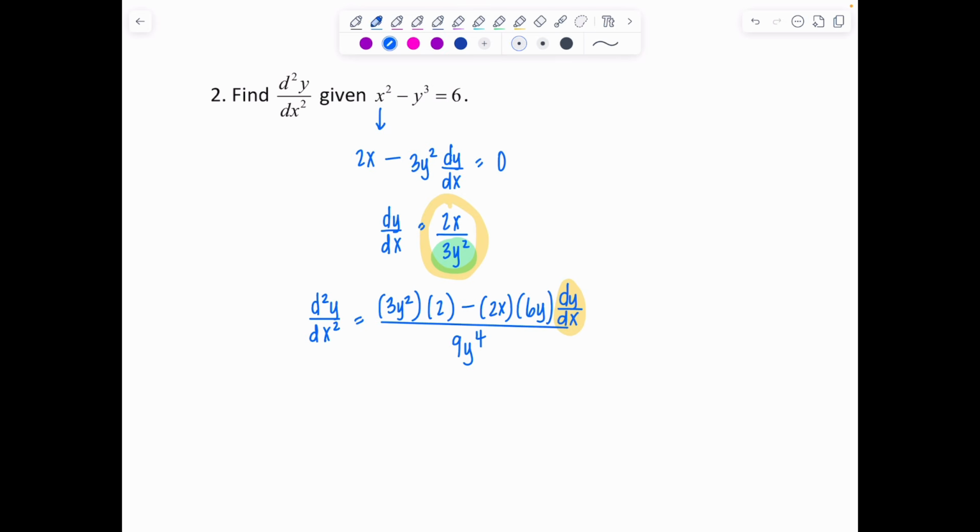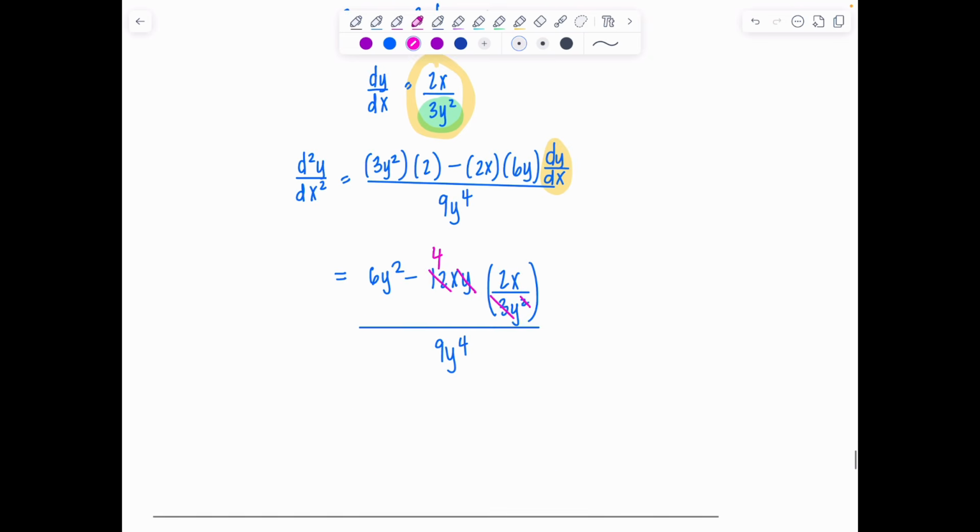We got this. So this is 6y squared minus 12xy times 2x over 3y squared, over 9y to the 4th. And then let's see, we should hopefully be able to cancel quite a bit. So 3 and 12, that gives me 4. One of the y's goes away, but not all of it.